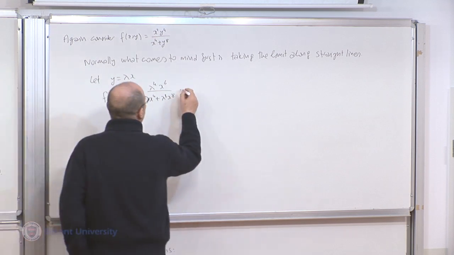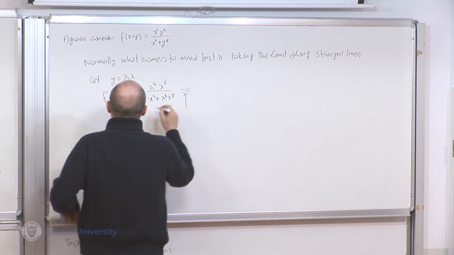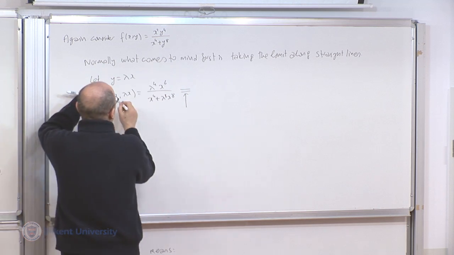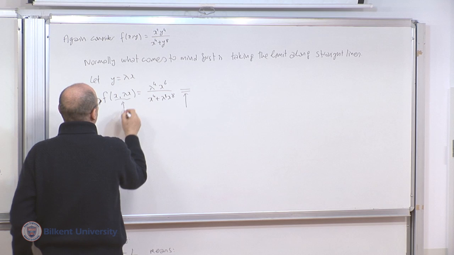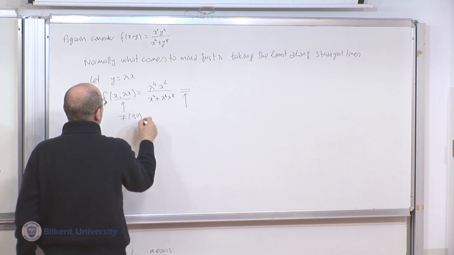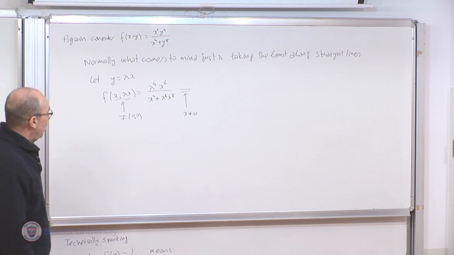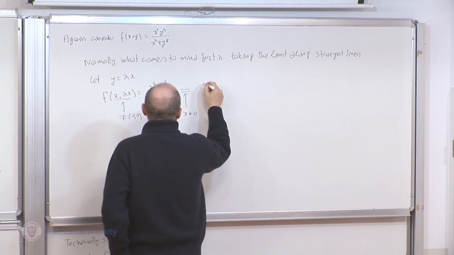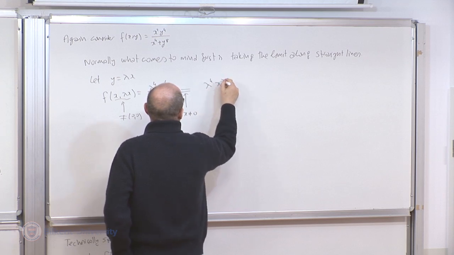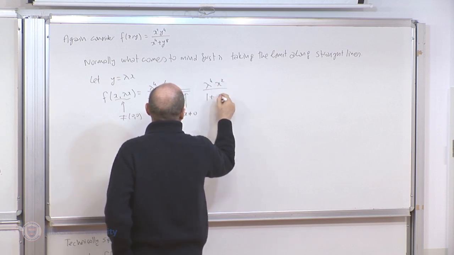Again, along the limit. Okay, so the point here is, this is different than 0, 0. So this means that x is different than 0. So I can cancel x to the power 4. Okay, so this is lambda to the 4 x squared over 1 plus lambda to the 8 x to the 4.